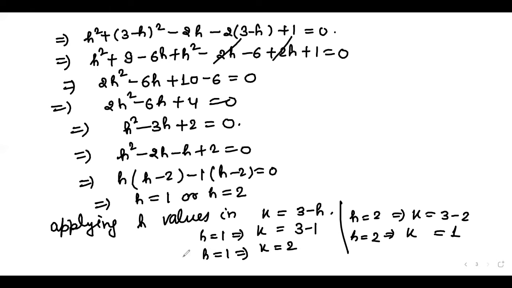So here I'm getting two centers. The centers (h, k) are (1, 2) and (2, 1). So here there are two circles, because there are two centers. So it is proved that there are two such circles.